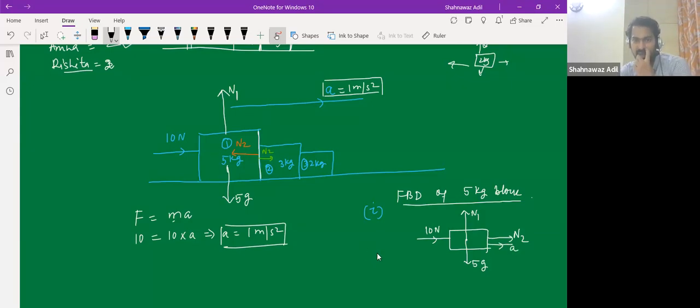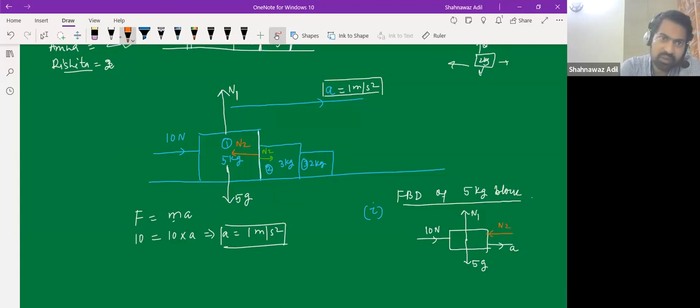Okay. But what about this orange N2? What can we say about it? Not this one, not this one. So we have this N, right? So this orange one.